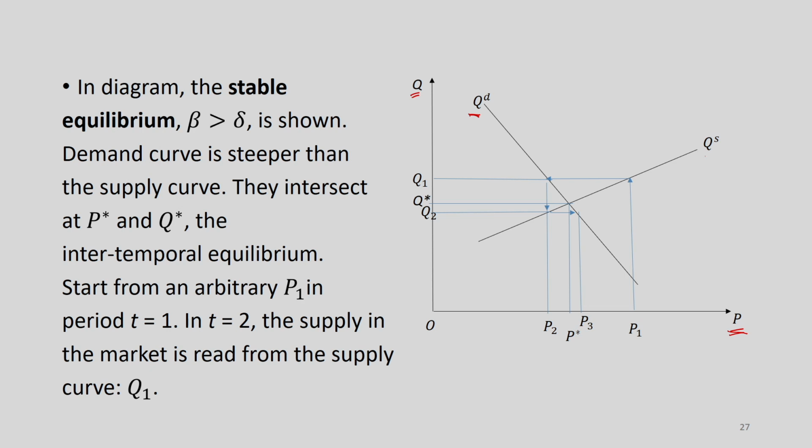So, in this case to get the slopes correct, I have followed the convention of representing the independent variable in the demand and supply functions along the horizontal axis.